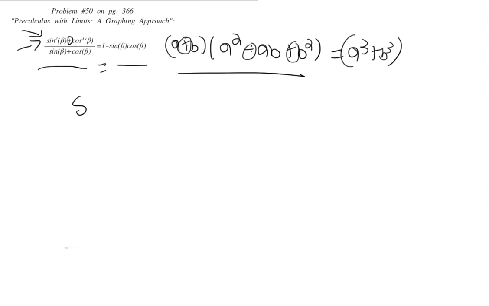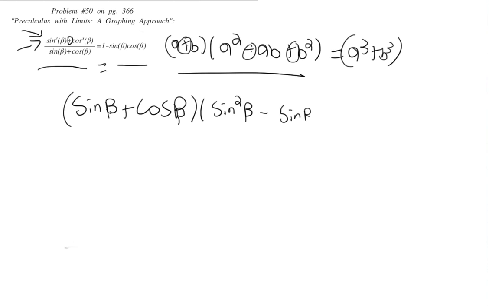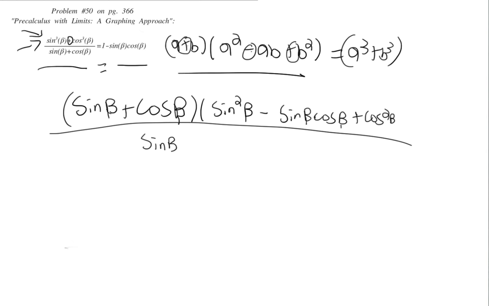So if we were to say sine beta plus cosine beta times sine squared beta minus sine beta cosine beta plus cosine squared beta over sine beta plus cosine beta.